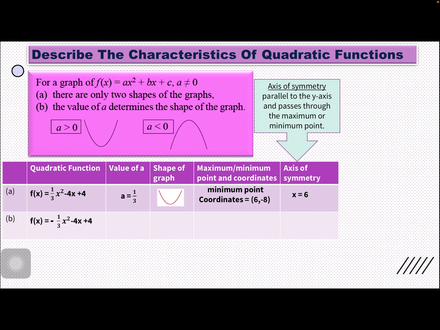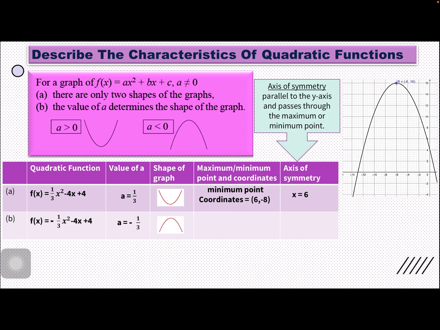Okay, what about this one? So we have the function (b). What is a? a is −1/3. So the shape of the graph is a sad graph. If it's a sad graph, then you will have a maximum point. So this is the maximum point.